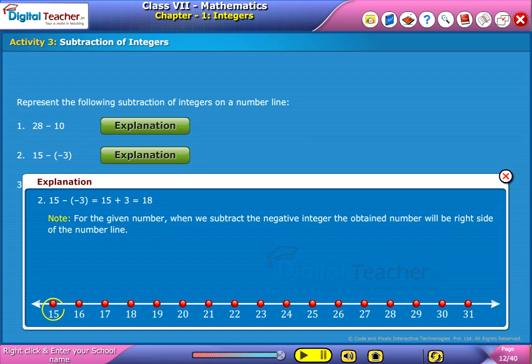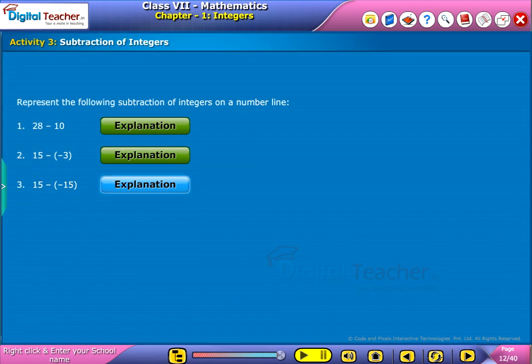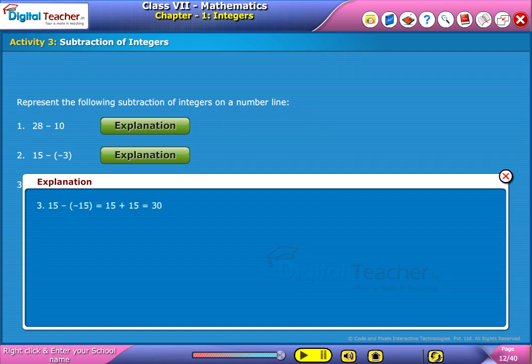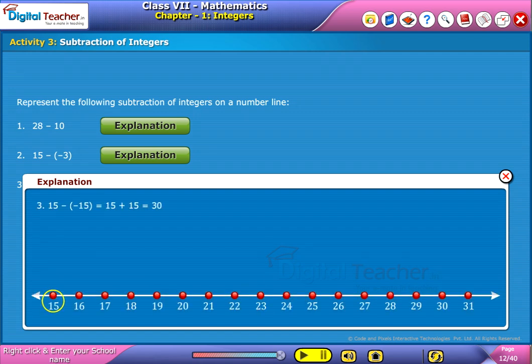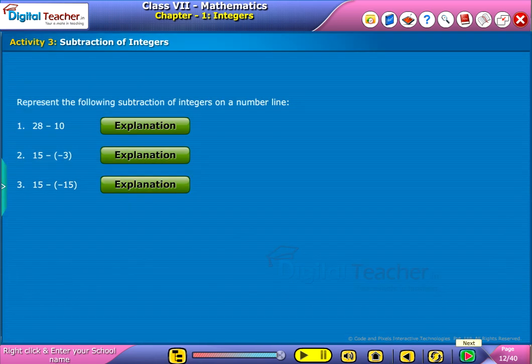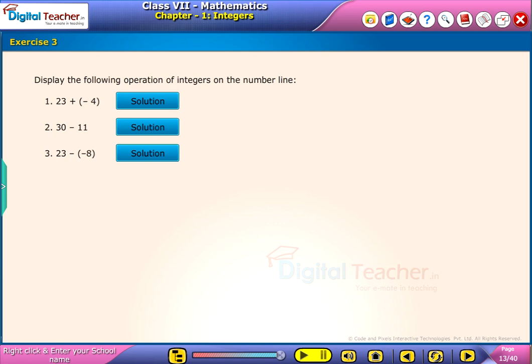Its representation is shown on screen. Let us solve a few exercise problems. Click the tab to view solution.